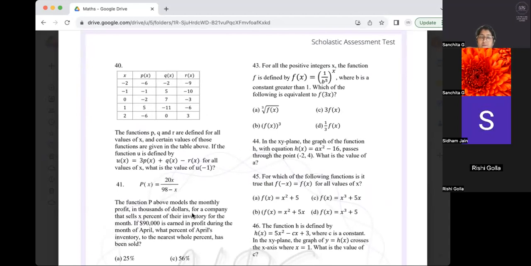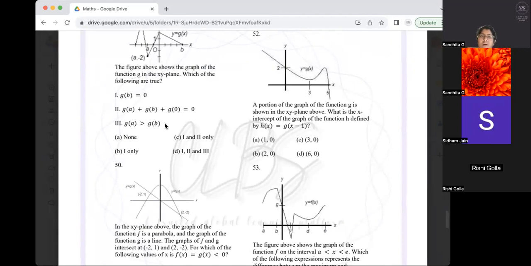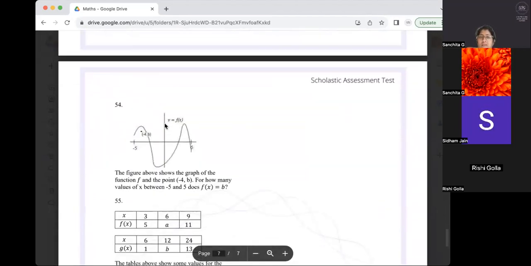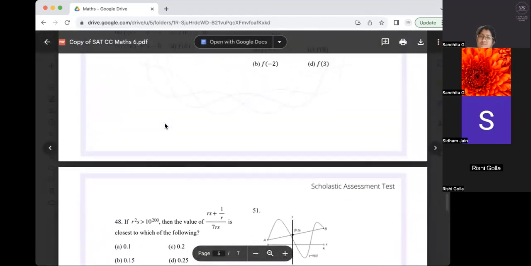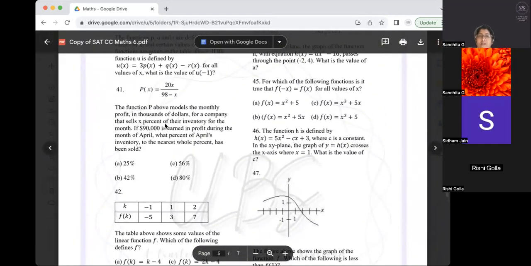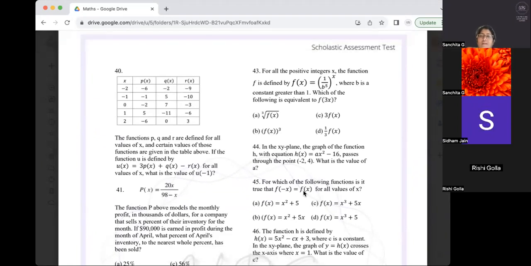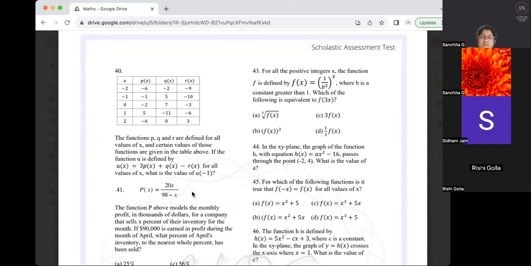Let's see, we can start with 40. We've already covered 2-3 questions last time. So from 40 till 55, we have 15 questions. We have some time, so let's target at least 12-13 questions. Along the way we can also take up the theory part, Rishi, but I can't dedicate time only to theory.